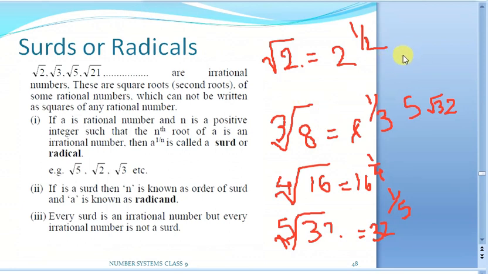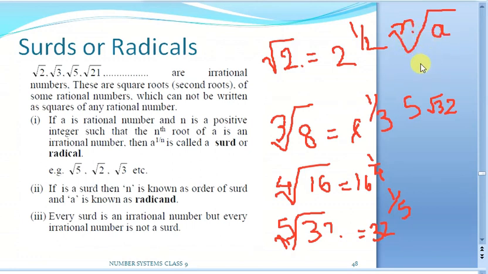Suppose I take a general case, any number, let us say the nth root. That means in this symbol there is a number a. Whenever there is nothing present inside this particular curve, we assume by default it is 2, so that means it is square root. That's why I am taking here power 1 by 2. It is the nth root of a.